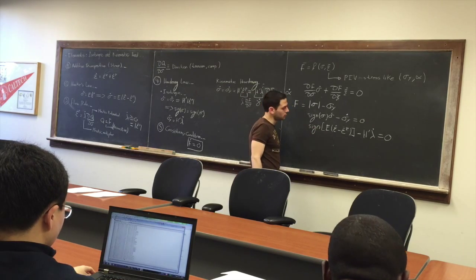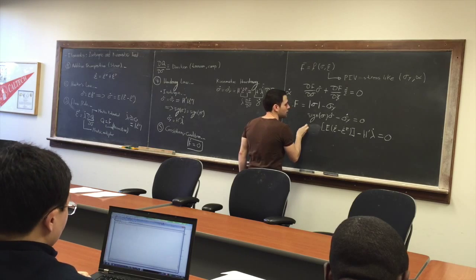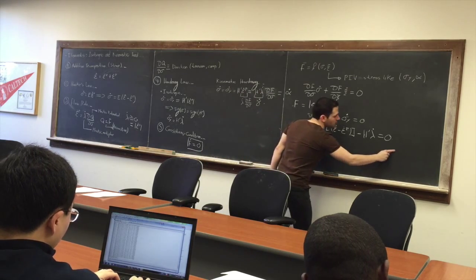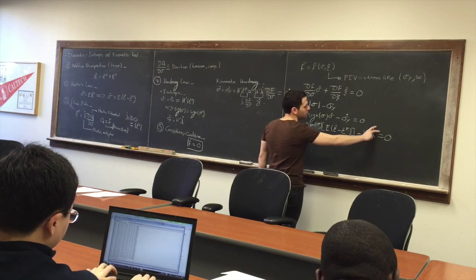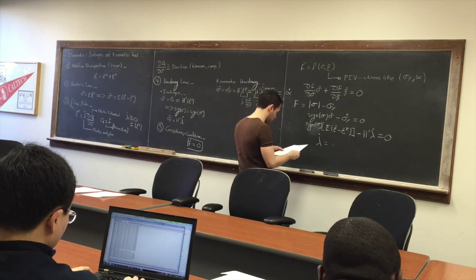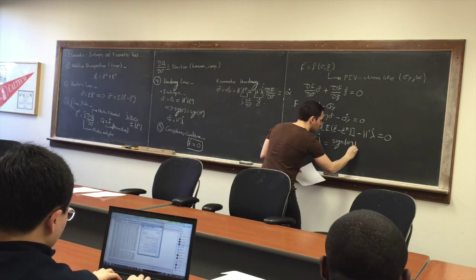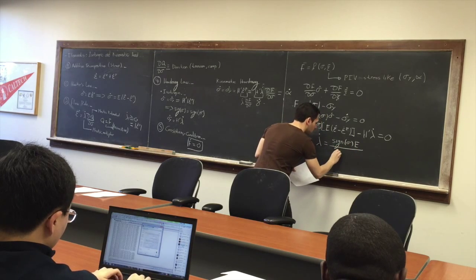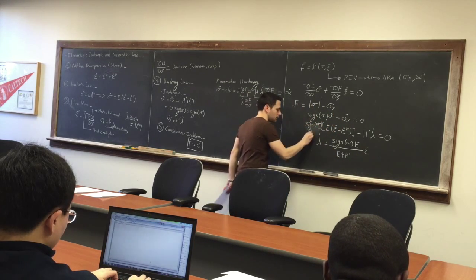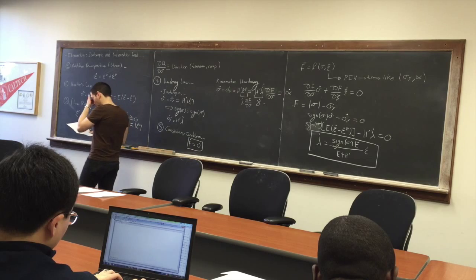So working out this expression and collecting terms, isolating lambda dot, we arrive at an expression for the plastic multiplier, which is the sign of sigma times Young modulus E over E plus H prime, times epsilon dot. This is for isotropic hardening.